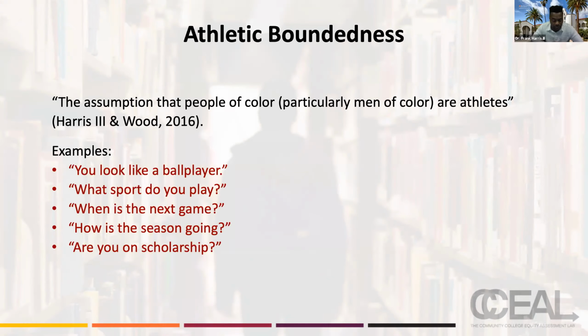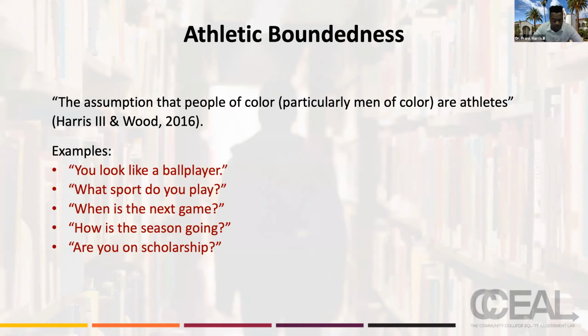And we also know there have been many athletes who've excelled both in sports and in academics, but this trend is often overlooked or disregarded when it comes to athletes of color. And we see some examples of statements here that align with this microaggression. Okay, I think we have three more.